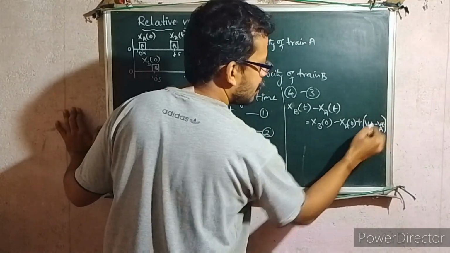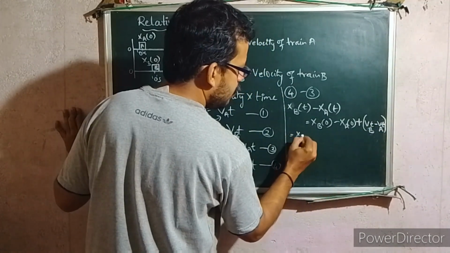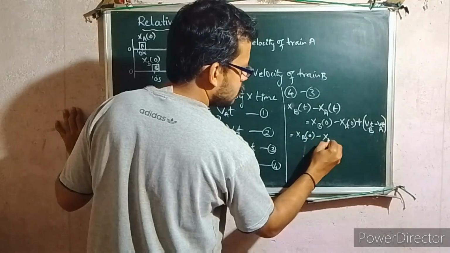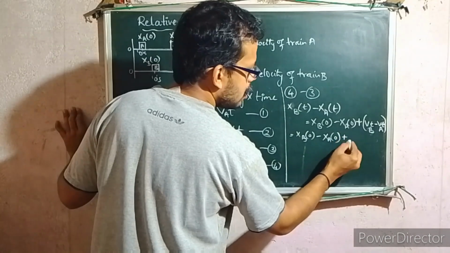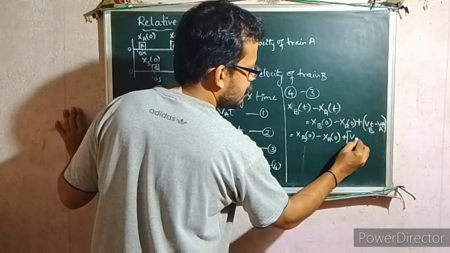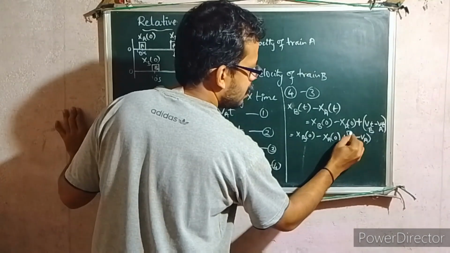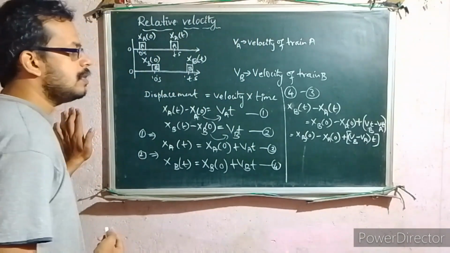Since t is common, I'll write it as XB of 0 minus XA of 0 plus (VB minus VA) into t. So I got this equation.